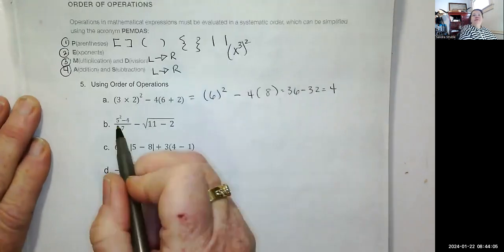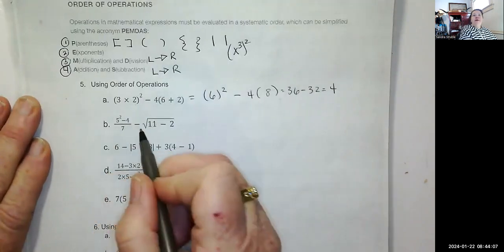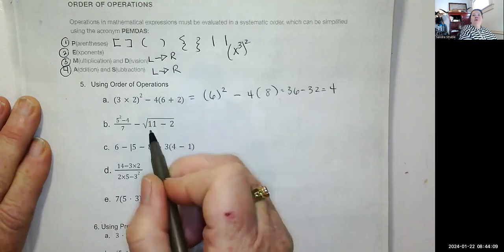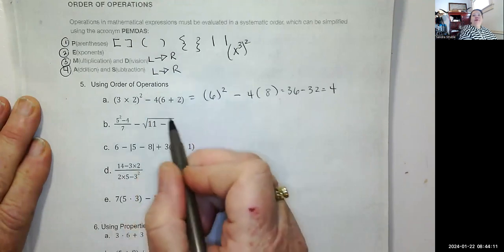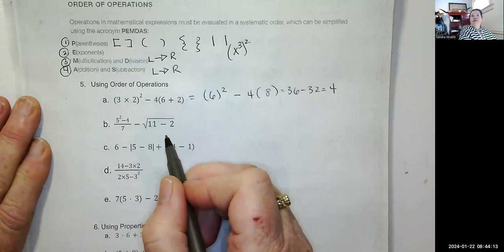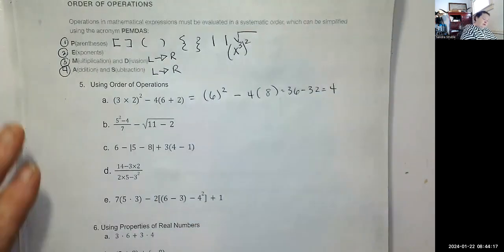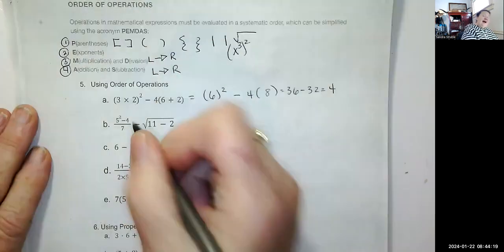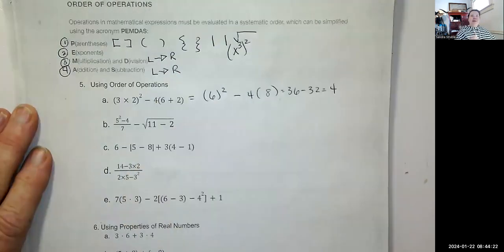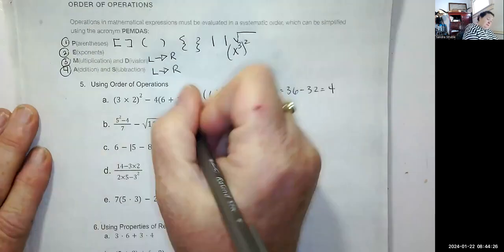Let me know. 5 squared minus 4 over 7 minus square root of 11 minus 2. So we need to do what's underneath the radical first. It falls into the parentheses portion because it's contained. So I'm not going to rewrite these because it's going to make me crazy if I have to do that. And it's going to make you crazy too if I do every single step. So please bear with me.